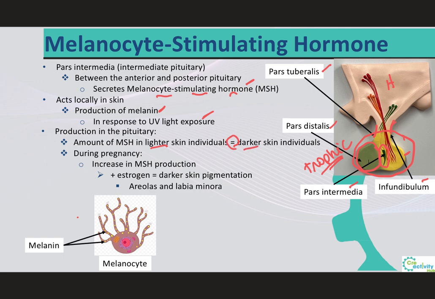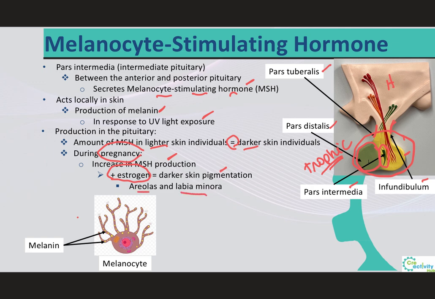Nevertheless, this hormone is capable of darkening the skin by inducing melanin production in the skin's melanocytes. And people also show increased melanocyte stimulating hormone production during pregnancy because in combination with estrogen, it can lead to darker skin pigmentation, especially the skin located around the areolas and the labia minora.